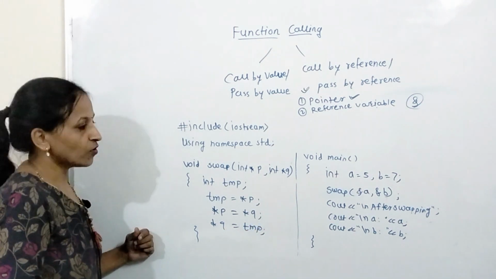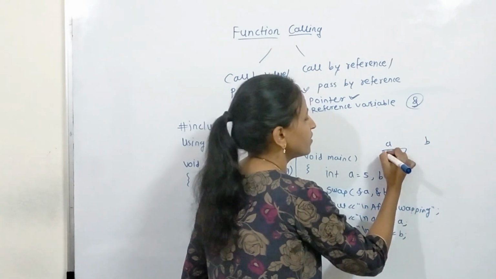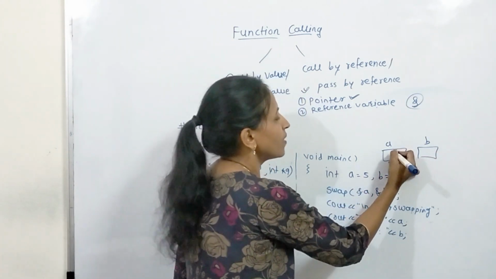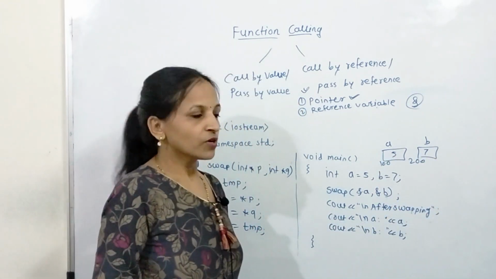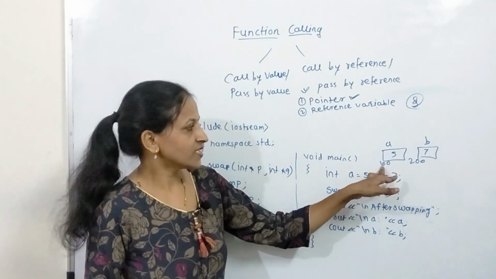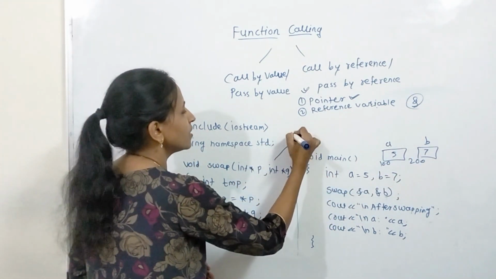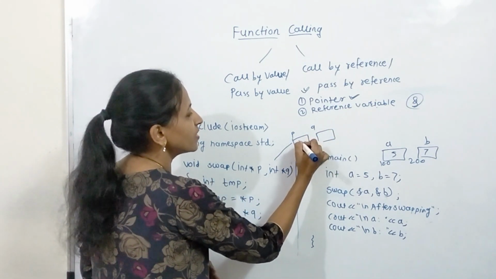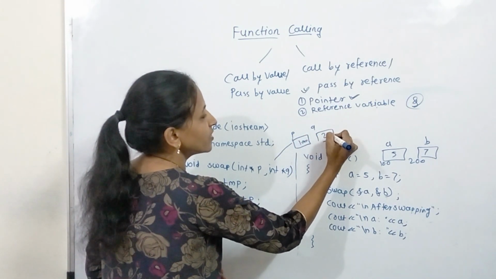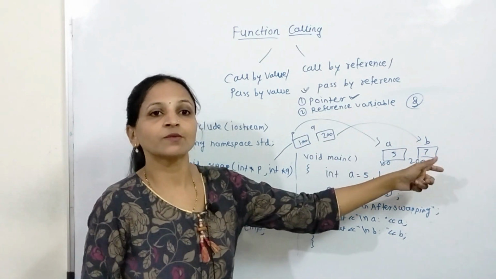Okay, now what will happen here, see, let a and b be here in memory. Whenever we declare like this, 5 and 7, let the addresses be 100 and 200. Now see, whenever we pass addresses, then this 100 and 200 will get copied inside p and q. Here p and q will be created, and p has 100 and q has 200. 100 is nothing but the address of a and 200 is nothing but the address of b.